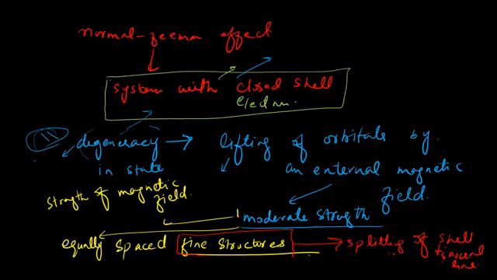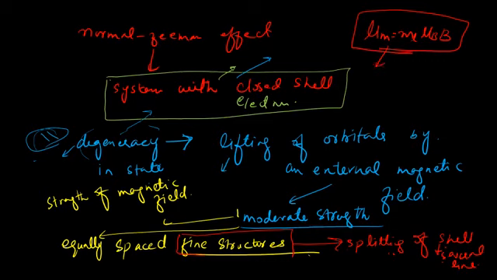So for these fine structure lines, the energy of each fine structure state will be equal to mu_B m_l B. So each spectral line has an energy which corresponds to this.